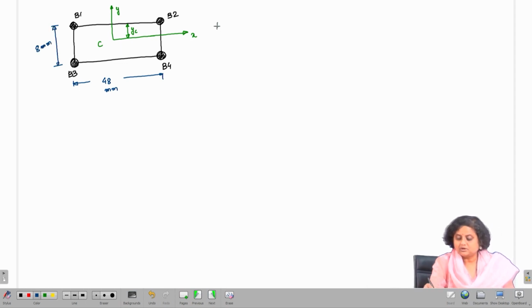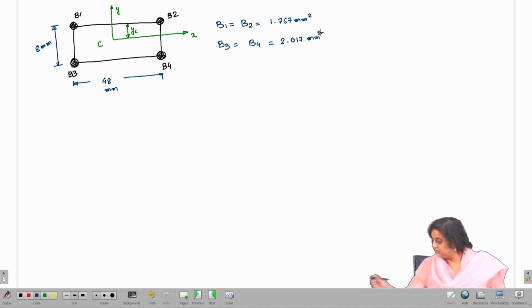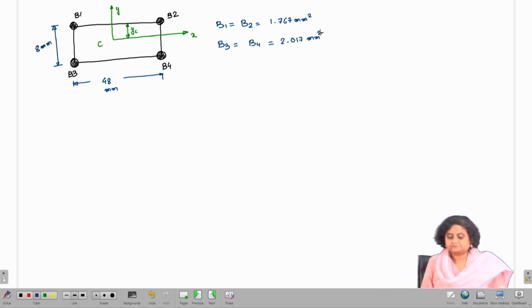We have found B1 is equal to B2 is equal to 1.767, and B3 is equal to B4, which is 2.017 millimeter square. So, this is what we have figured out.